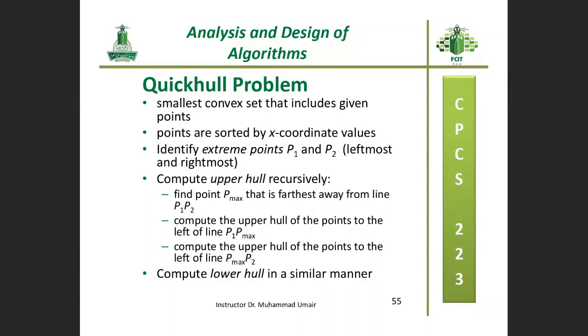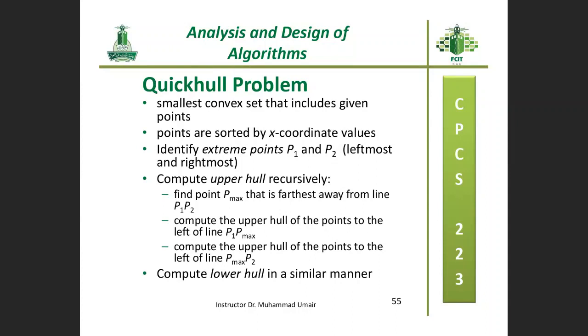In the brute force technique, you are joining every 2 points, and then you will see whether all other points are lying on one side or not. And those points will be considered as the boundary points.